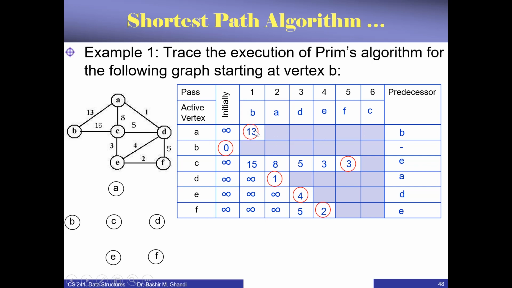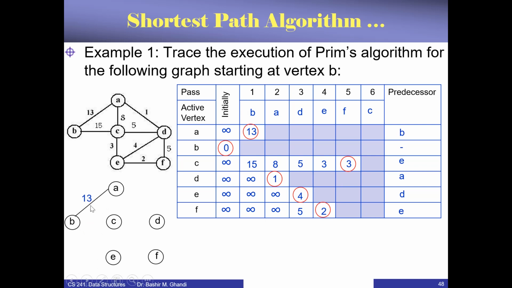Here the cost is simply the weight of the edge, BA. It is not the cost of reaching from the source to the particular vertex. No, it's simply the weight of the edge. So we're going to draw an edge BA with a cost of 13.